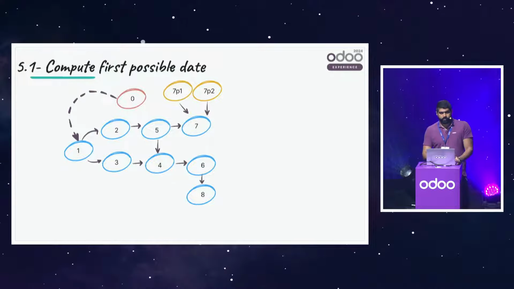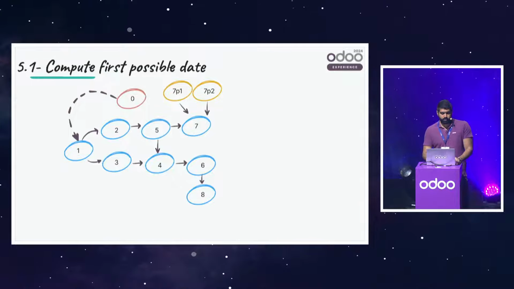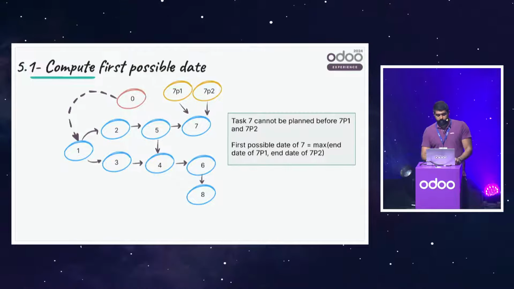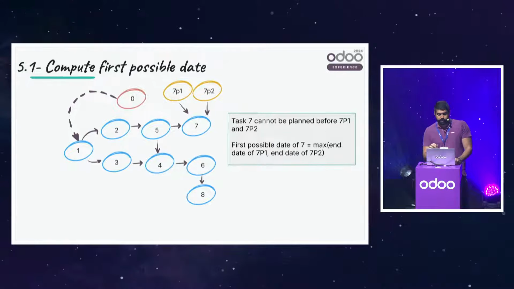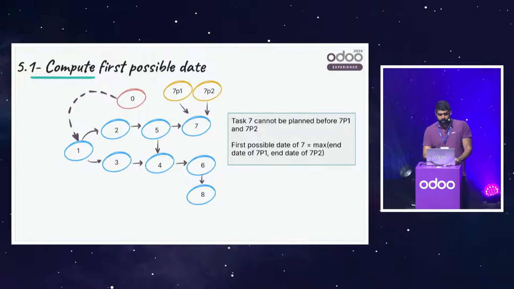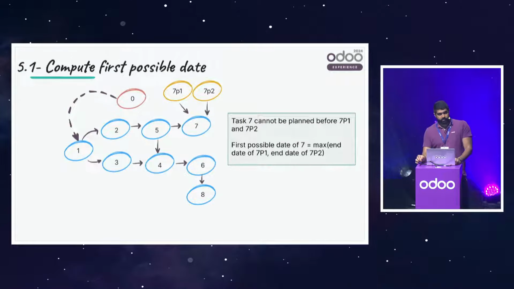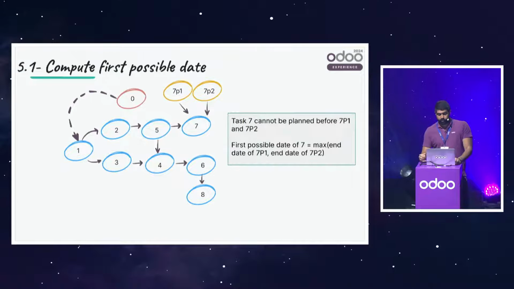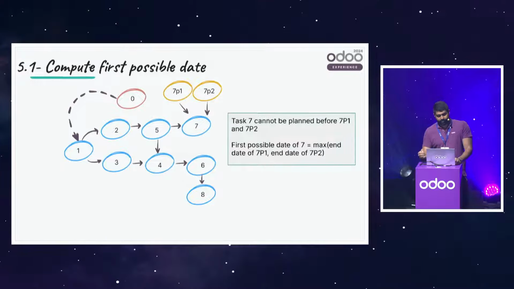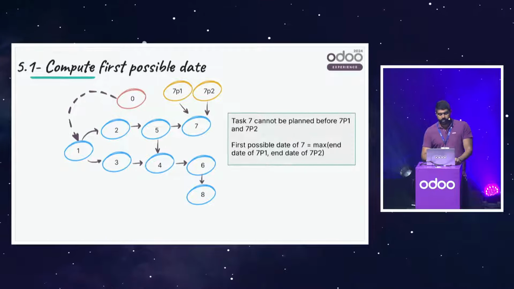But this will create conflicts. So when planning again, I need to keep the information that task 7 cannot be planned before task 7p1 and 7p2. So the first possible date to plan task 7, even if the employee is available before, should be the max of end dates between 7p1 and 7p2.